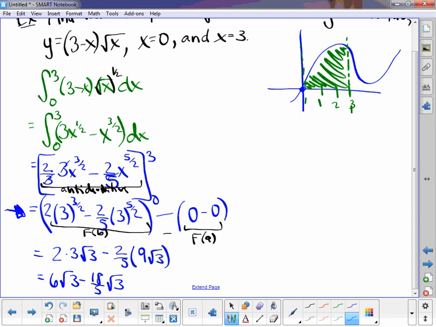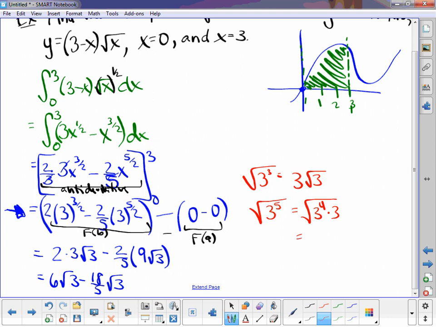So what I did, if I look back at the 3/2, I can't take the square root of 3, so it's the square root of 3 cubed, which is 3 squared times the square root of 3, so that brings me to 3 root 3. Does that make sense? Okay, so then the 5/2, I still can't do, so it's the same thing as the square root of 3 to the 5th, which I essentially broke up into 3 to the 4th times 3.